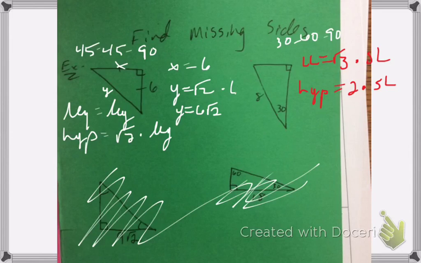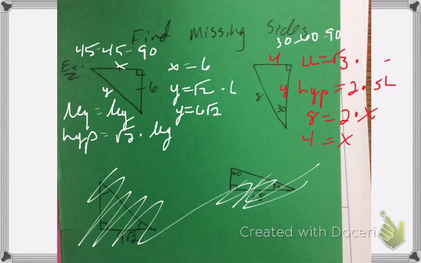Well, in this guy, this side right here is the hypotenuse. So I put in 8 for the hypotenuse. Let this be x and this be y. So the short leg is x. I can solve that, divide by 2, and x is 4. So now, this is 4.